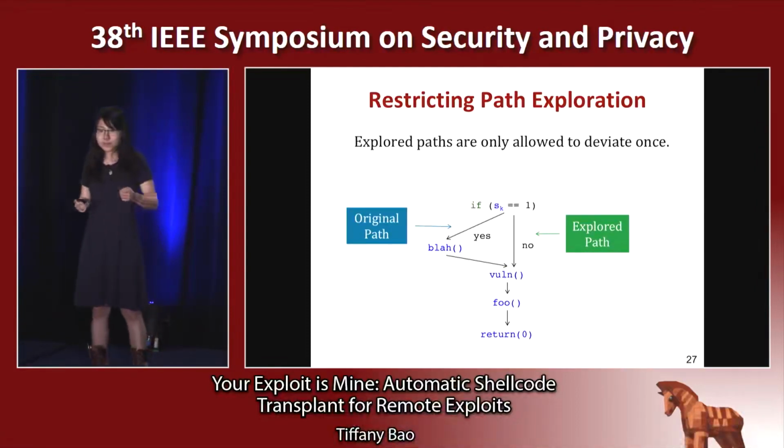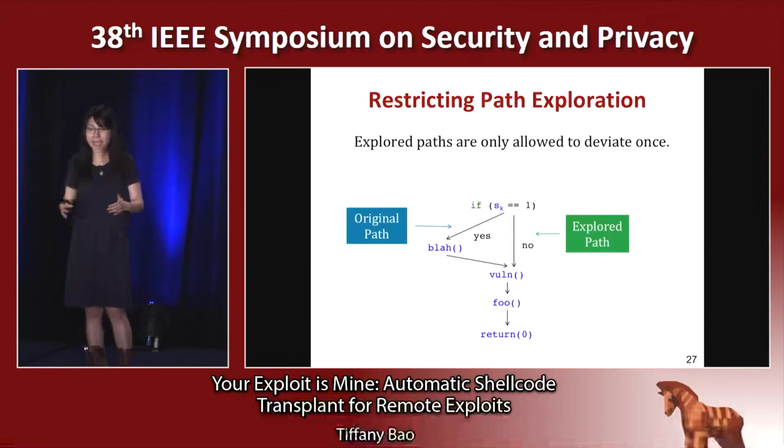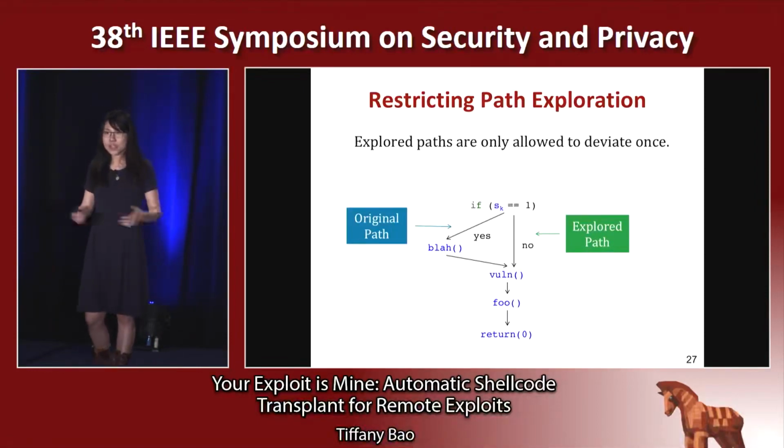If the original path takes one branch and the explored path takes another branch, we say the explored path deviates from the original path. When the paths join together, the explored path must follow all the rest of the branches that the original path takes.